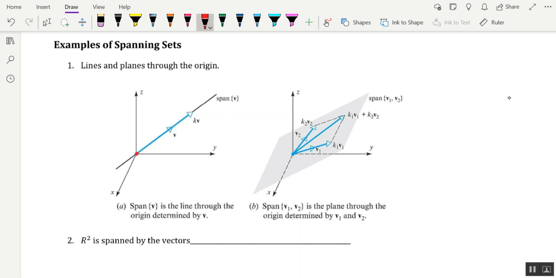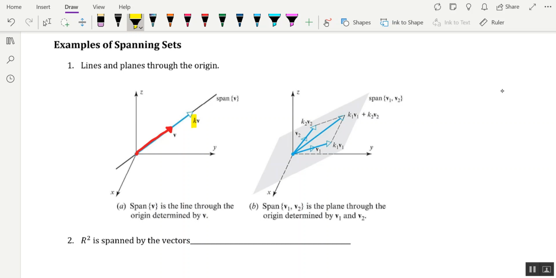We have a vector V, and the set of all possible linear combinations of V really just boils down to the set of all scalar multiples of V that could be formed. Depending on your values of k, in other words the values of scalars, which will range across the entire set of real numbers, you'll get vectors that are longer than V, maybe shorter, pointing in the opposite direction.